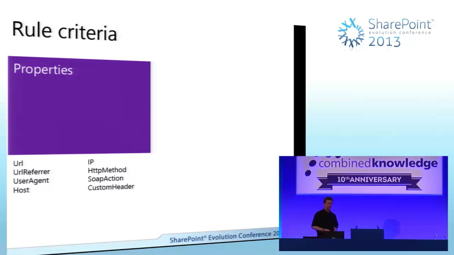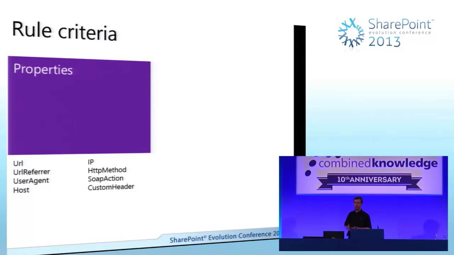So the properties that we can interrogate, if you like, or check are listed here: URL, URL referrer, user agent, host, SOAP action, custom header, etc. They should all be reasonably familiar to you. These are standard HTTP request properties. Every request has at least the first 6. The other 2 are useful when working with more advanced client applications.